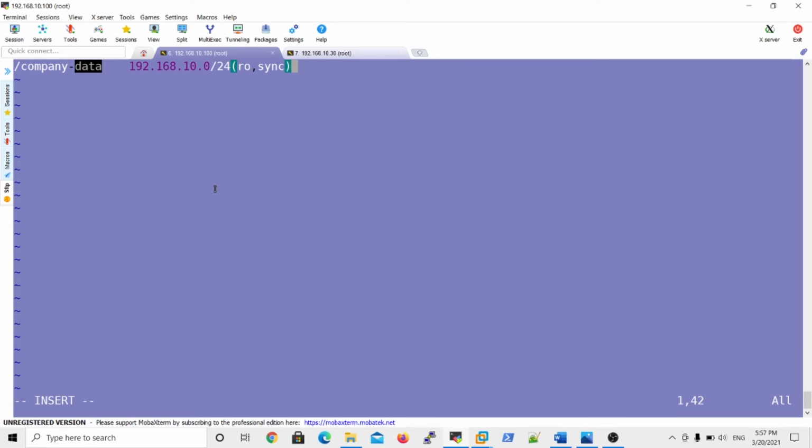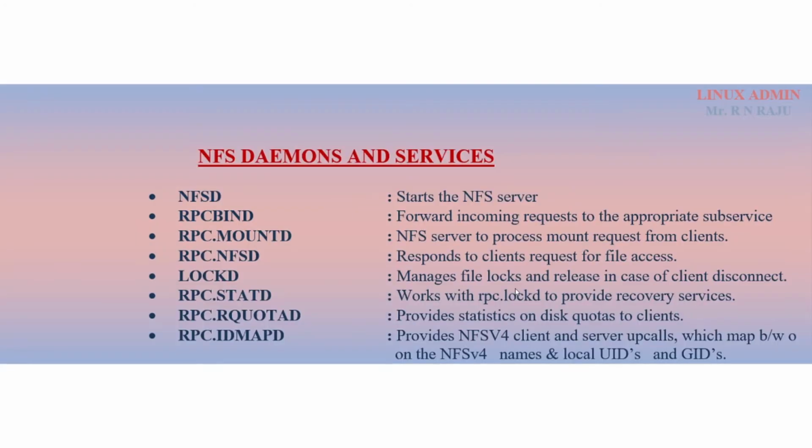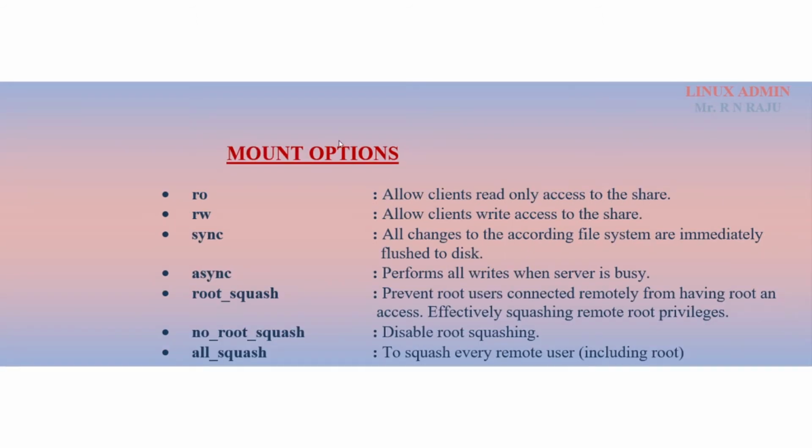Please understand, I want to share the company data, then who will access these resources? My 10.0 network clients only can access with read only mode, but here are some mounting options. What are the mount options? RO means allow clients read only access to the share, but if you write RW it allows clients write access to the share.